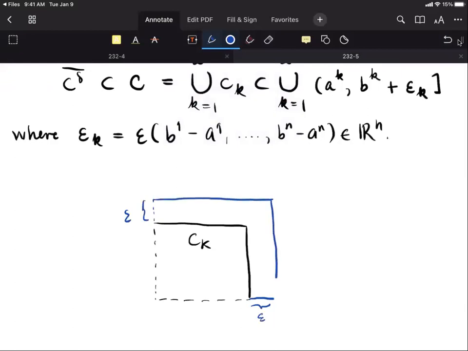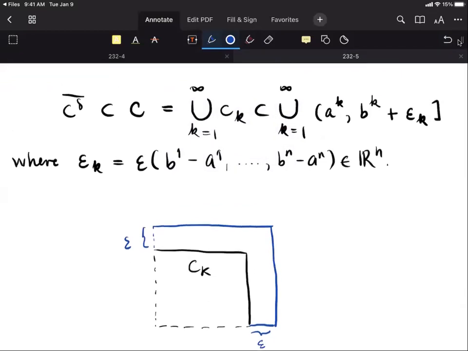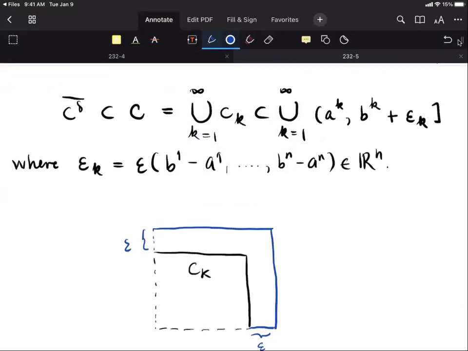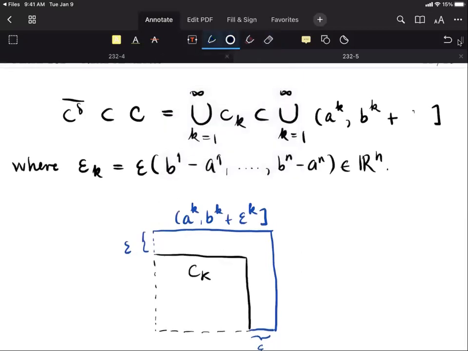This part here will be your cell, let's say A_k, B_k plus epsilon_k. So let us make this a superscript. So epsilon^k.